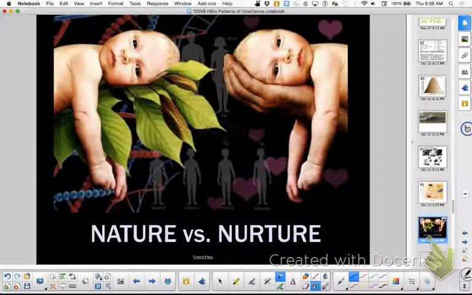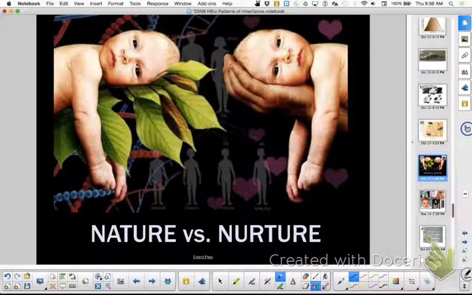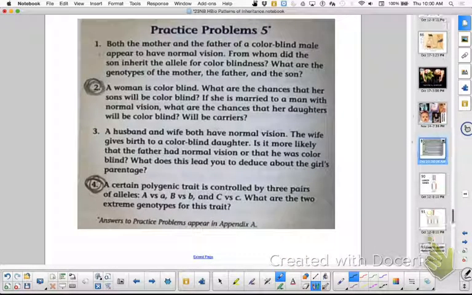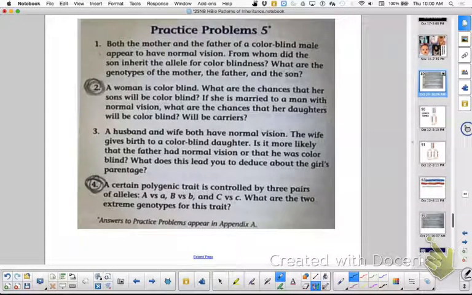Is it in your DNA? Okay, or does your environment influence how that turns out? Polygenic disorders like cleft lip and some emotional disorders, very much affected by their environment. And then here too are more practice problems about that.